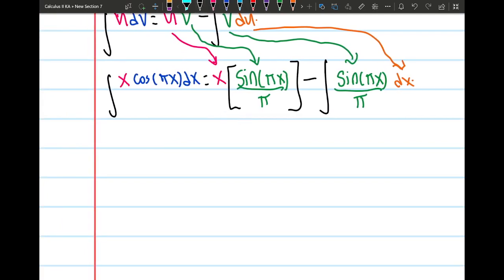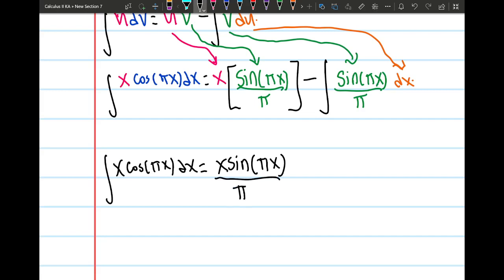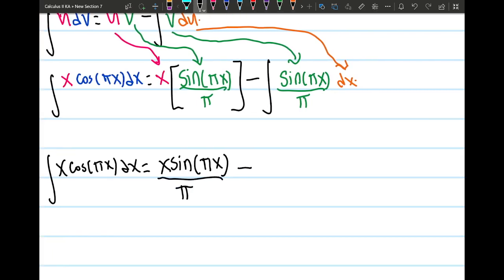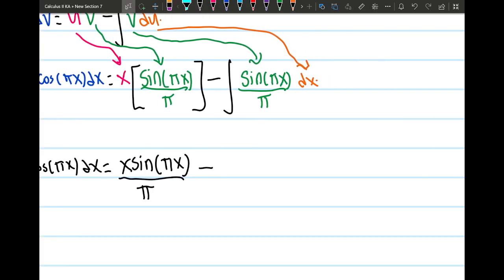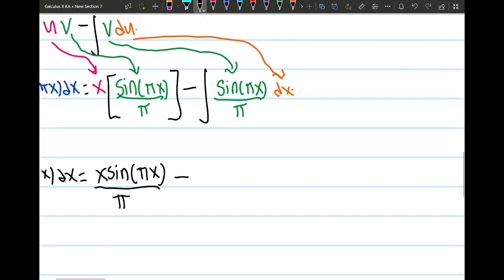And again, x cosine of pi x dx is equal to x sine of pi x over pi minus, and I'm going to take out the 1 over pi here, because really, this expression is 1 times sine of pi x over pi.